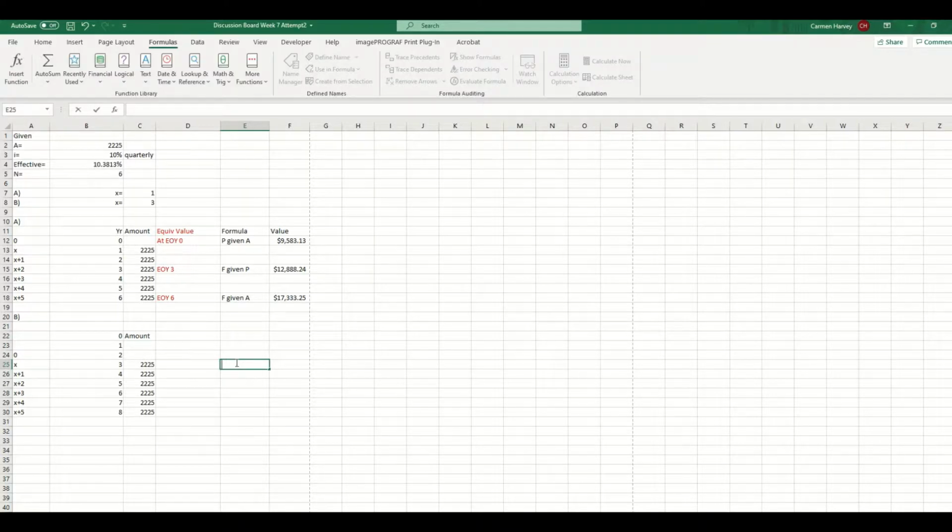So for this one, we're going to be using the same formula as we did before. It's P given A, and in this situation we're going to use the same exact formula.